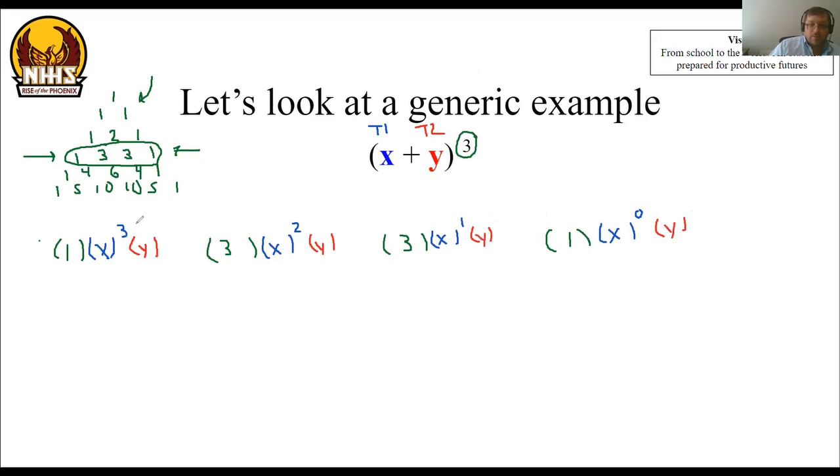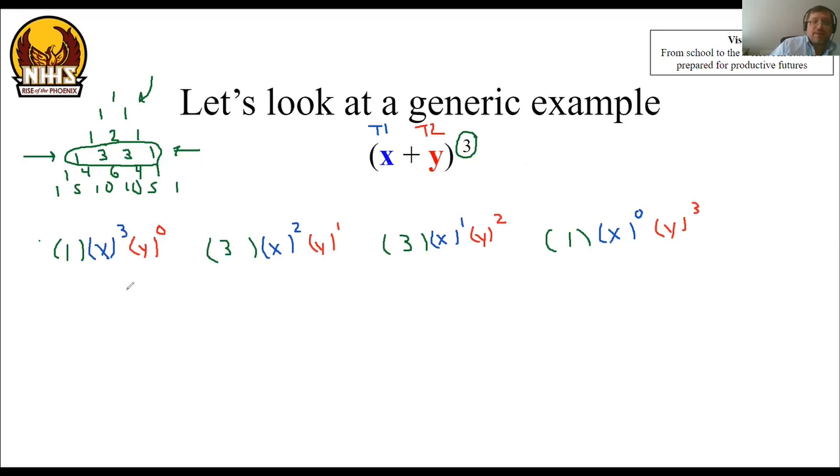And now I go backwards with the exponents: 0, 1, 2, 3. And if it helps you, 3 plus 0 is 3. 2 plus 1 is 3. 1 plus 2 is 3. 0 plus 3 is 3. And that's how I add them and make sure I do it correctly.